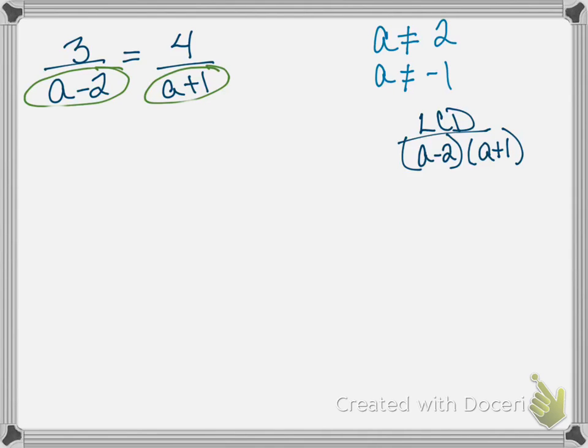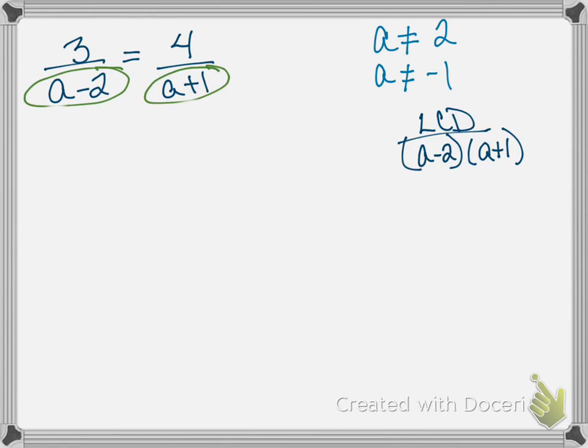Now, if you're looking at this and you're saying, Alicia, can't I cross multiply there? The answer to that question is yes, you can. If you used cross multiplication, you would be 100% correct, and it's completely acceptable. I am not going to use cross multiplication here because in a minute we're going to have 3 rationals instead of just 2, and I want us to practice using the least common denominator.